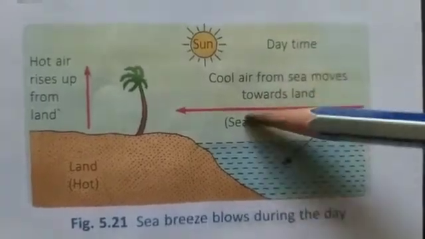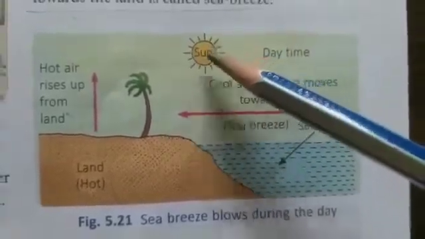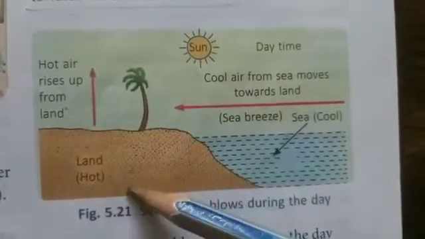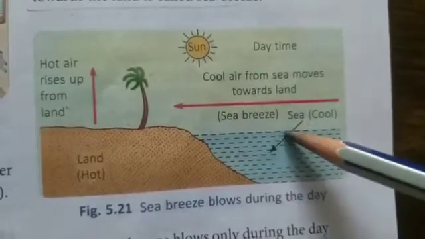So children, what happens during daytime when the sun shines? The solid land gets heated to a higher temperature much more quickly than the liquid seawater.